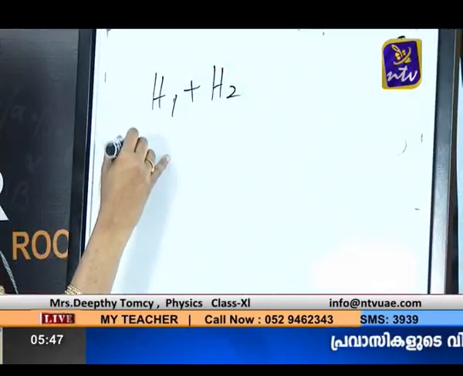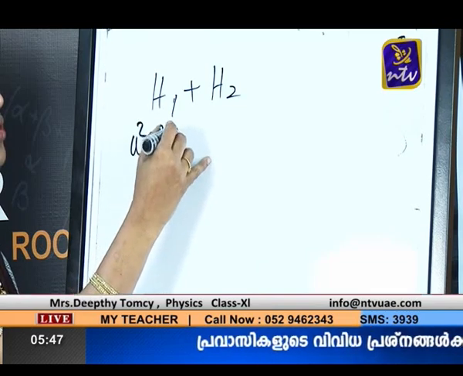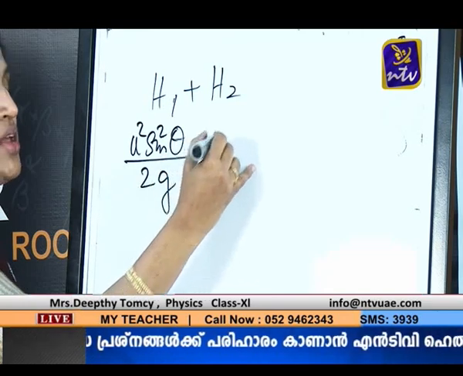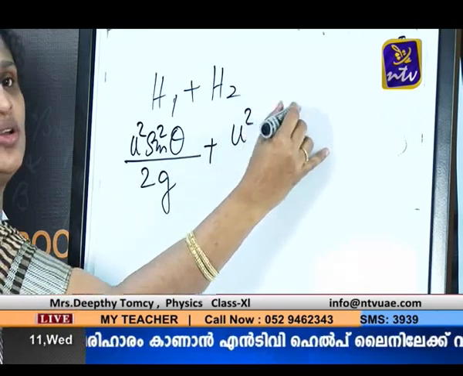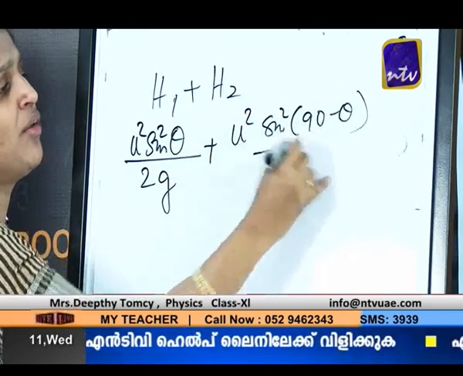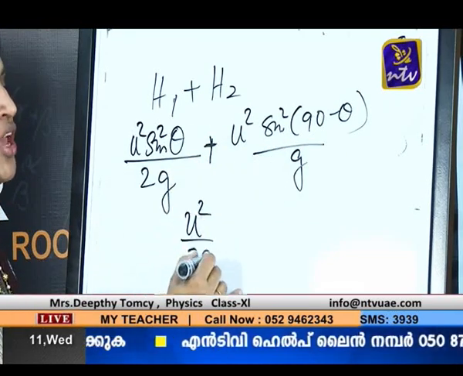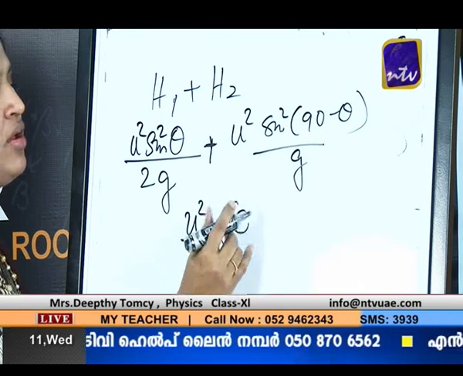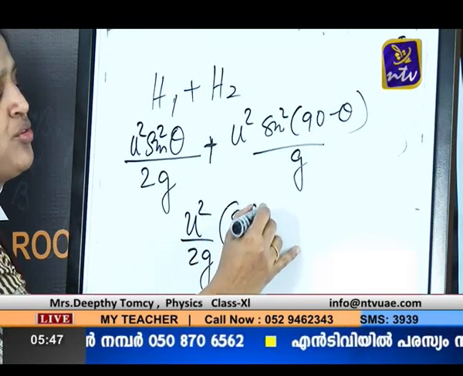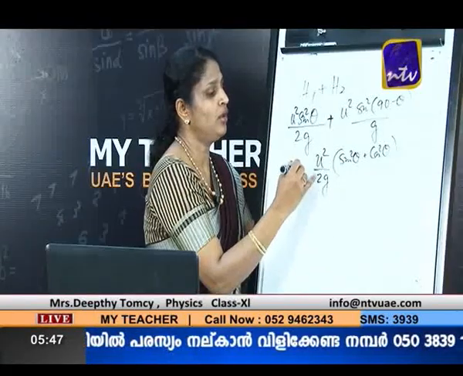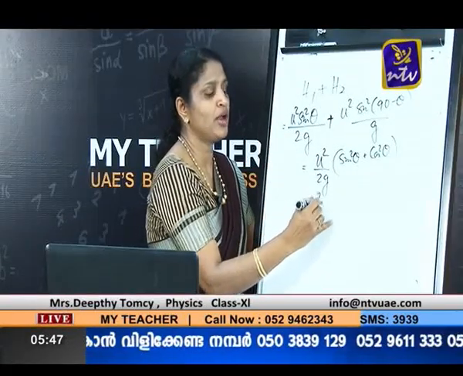In the first case h1 is equal to u square sin square theta divided by 2g, plus u square sin square (90 minus theta) divided by 2g. In this case you can see u square by 2g can be taken common. You have sin square theta plus cos square theta. Sin square theta plus cos square theta is equal to 1, so that is u square divided by 2g.